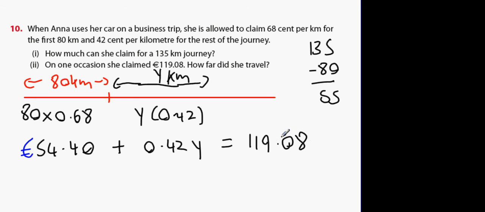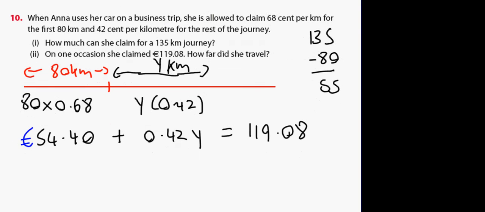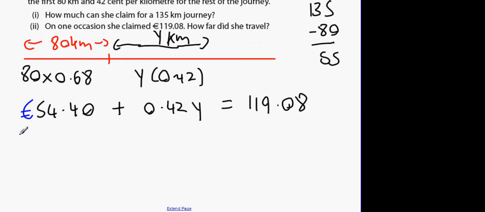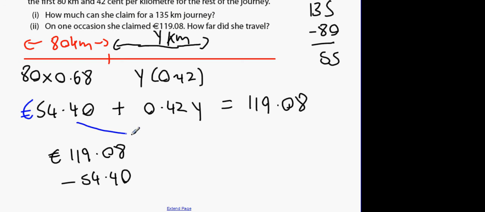All I have to do now is get y on its own. The way most people will describe how to do this, and I'm pretty certain Brian would have described it, is to get 109.08 and take away 54.4. That's exactly what I'm doing. Bring over the 54.4 and take it away.